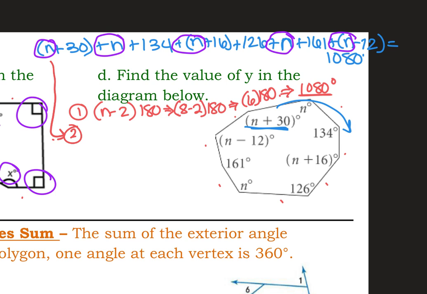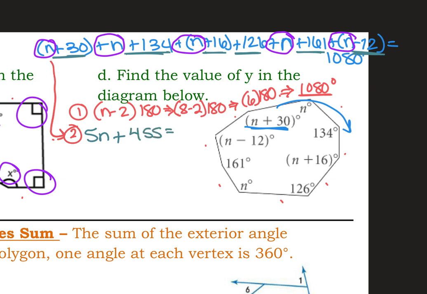We're going to say 5n plus, now we're going to add 30 plus 134 plus 16 plus 126 plus 161 minus 12. Make sure you take that minus. This is a minus 12. If we add all of that together, we're going to get 455.